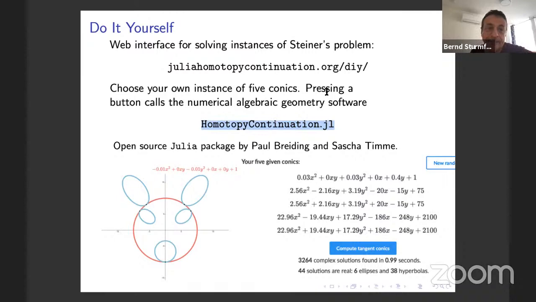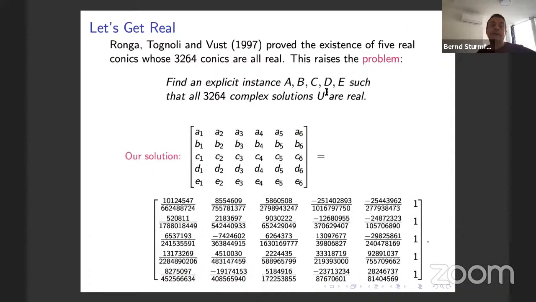Okay, let's get real. Of course, in applications, the solutions we're mostly interested in are real solutions. And one question is whether all the complex solutions can actually be real. And this was proved in 1997. So this was discussed at the time.